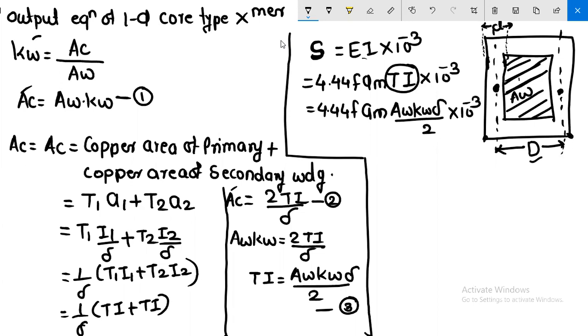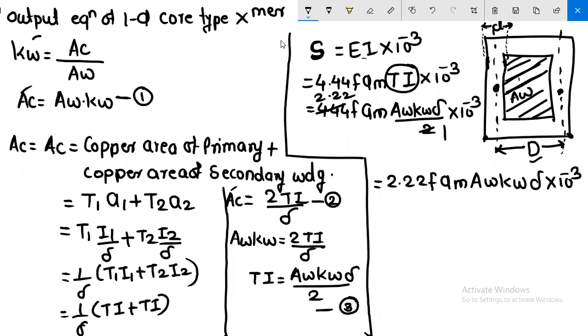So I am going to divide it. See here, it becomes 2.22. So what I am writing here, see, 2.22 F phi m AW KW del into 10 to the power minus 3.